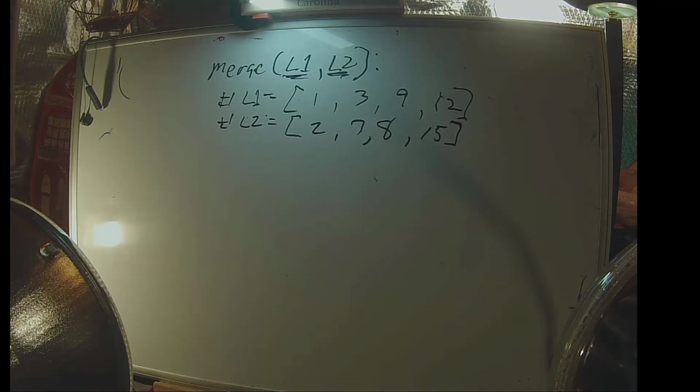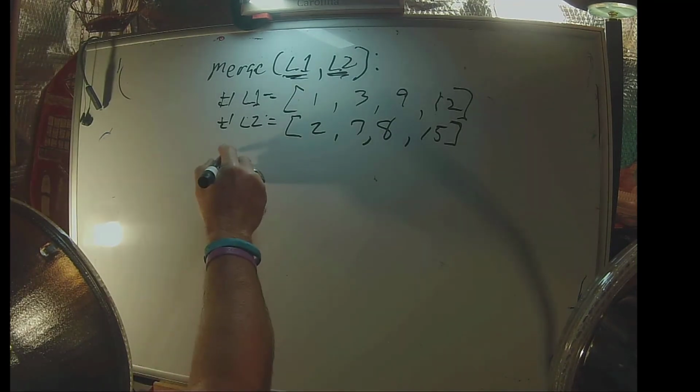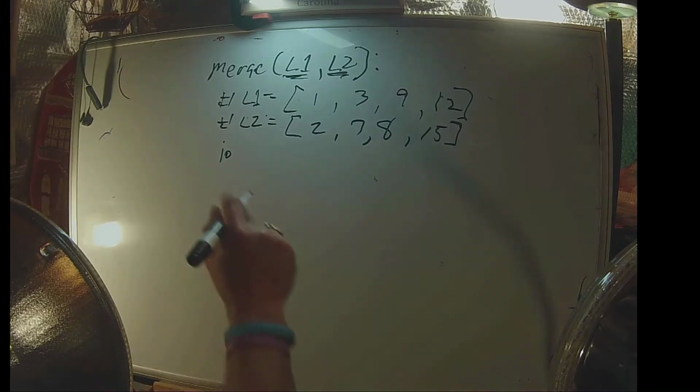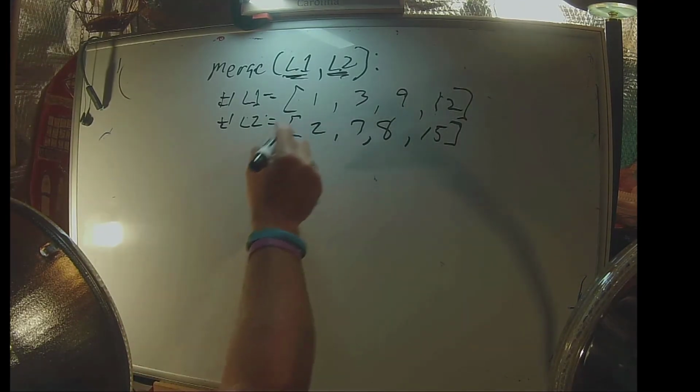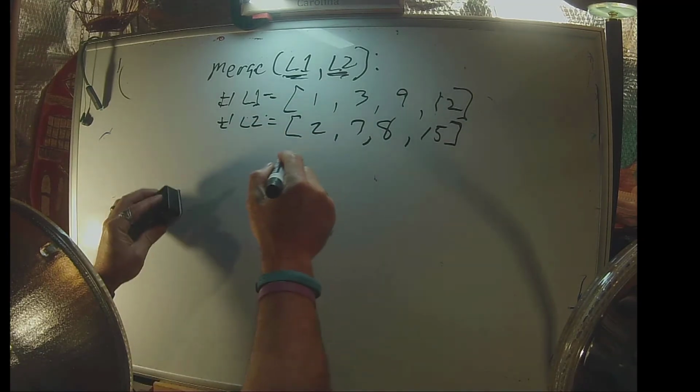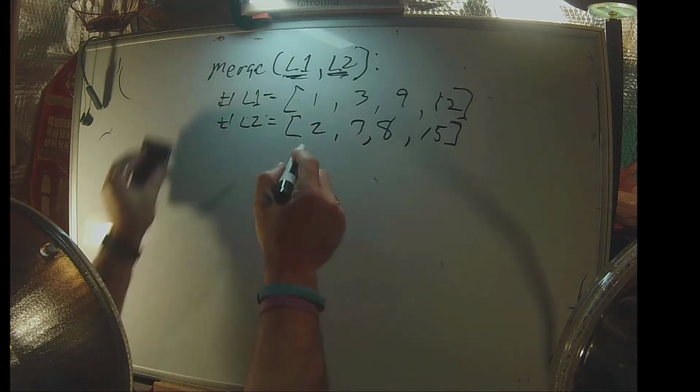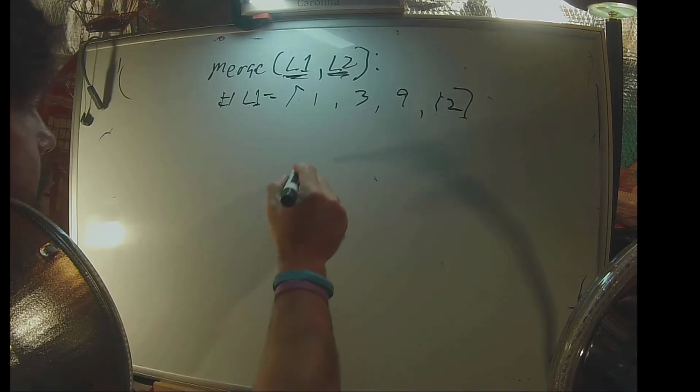Okay? So they're both sorted. So what we're going to do is set up, let's do this pictorially. 2, 7, 8, 15. I'm going to leave myself some room.